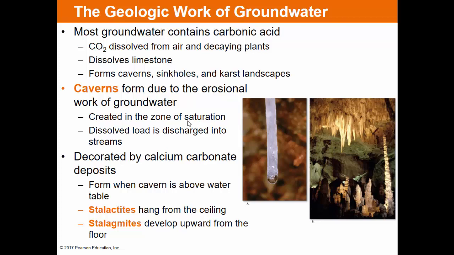Now, it also creates these decorative features, the reason why people go down in caves, stalactites and stalagmites. Essentially, as that water percolates through the soil and picks up all that carbon, once it gets into the air, some of that carbon dioxide comes out of the water, and that extra carbon then solidifies into calcite, calcium carbonate.